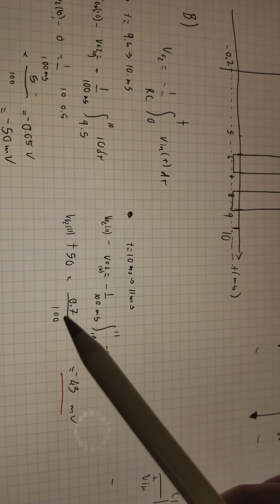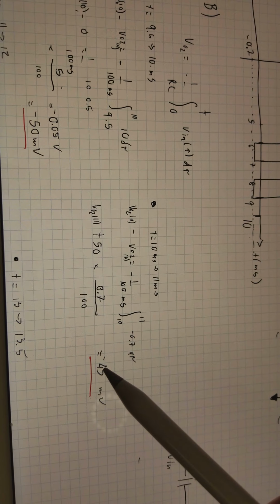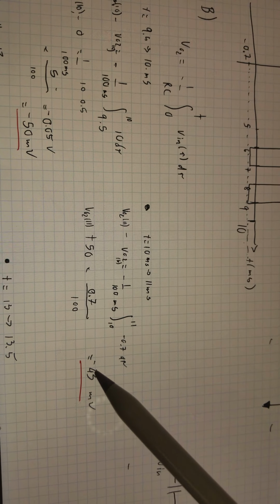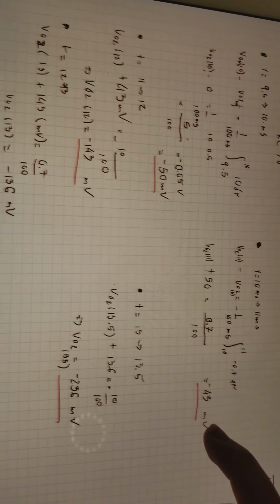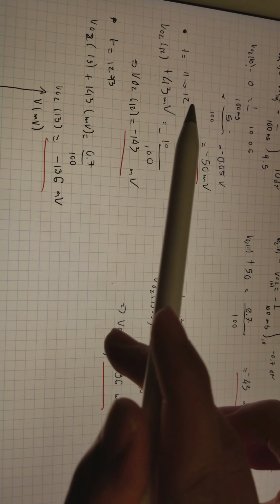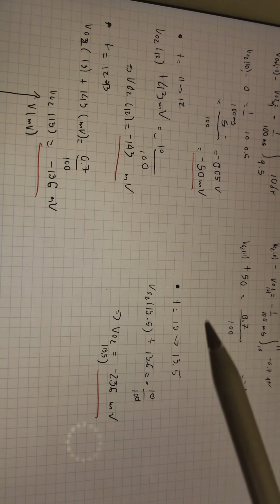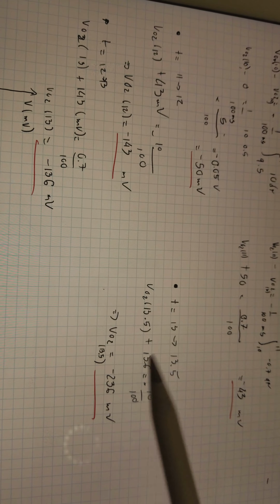The milliseconds cancel out, and after some calculation we come up with the result of minus 43 millivolts. We do the same calculation for T from 11 to 12, 12 to 13, 13 to 13.5, and here's the answer that I get.